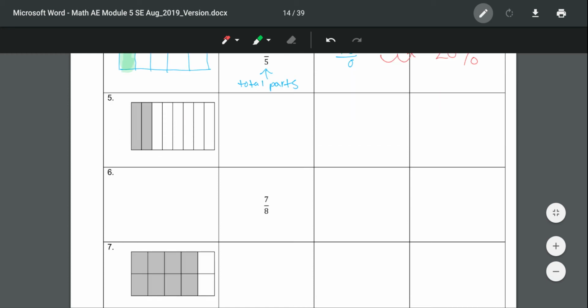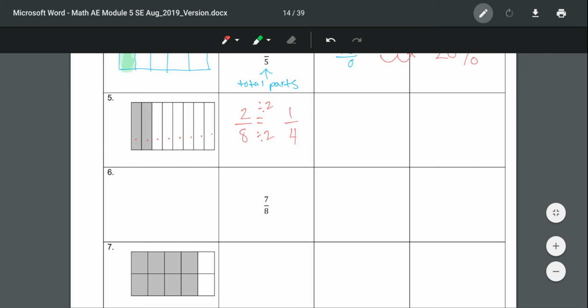In example 5, you have 2 parts shaded in out of a total of 1, 2, 3, 4, 5, 6, 7, 8. So there's 2 out of 8 parts shaded in, which if you divide the numerator and denominator by 2, you get 1/4.